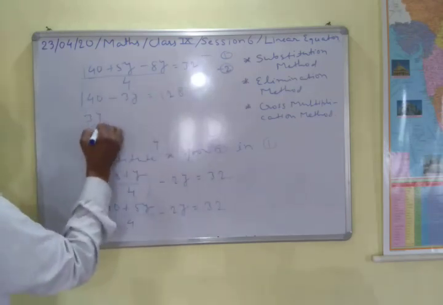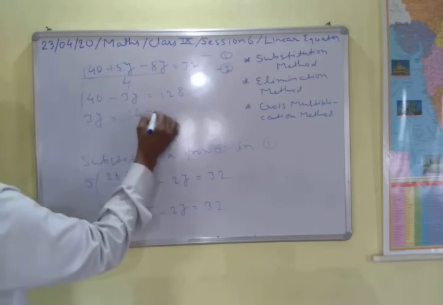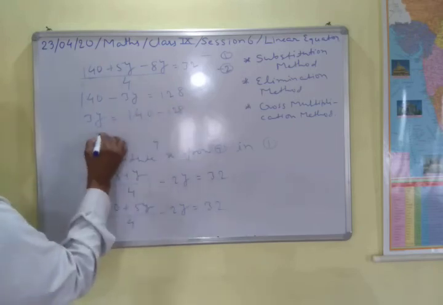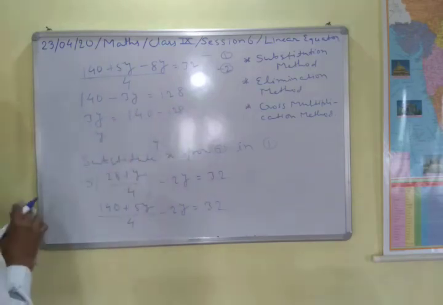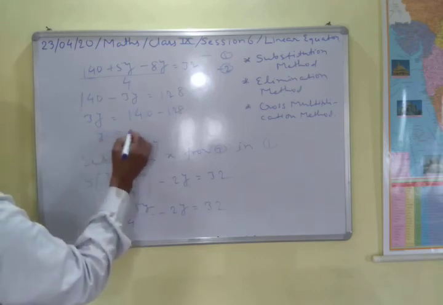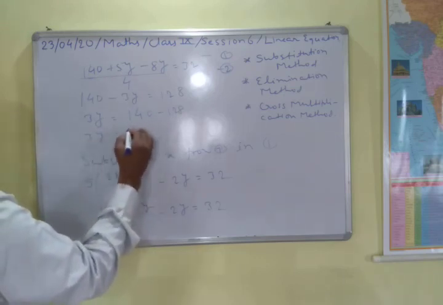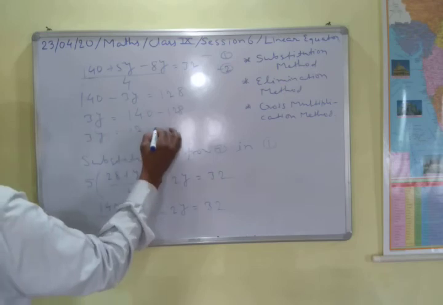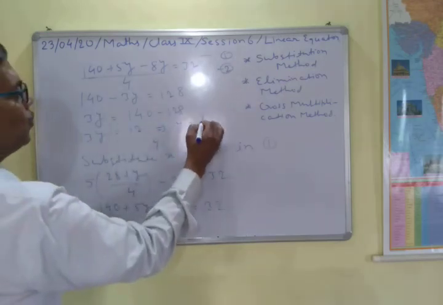Now 3y is equal to 140 minus 128, then 3y is equal to 12 here, and this implies y equal to 4.